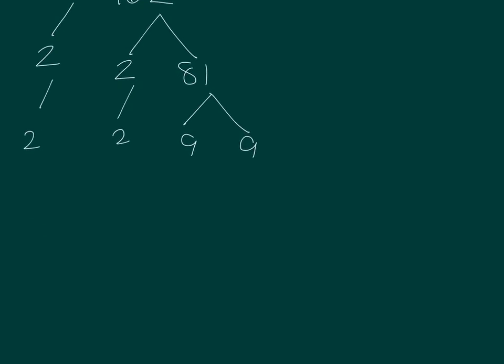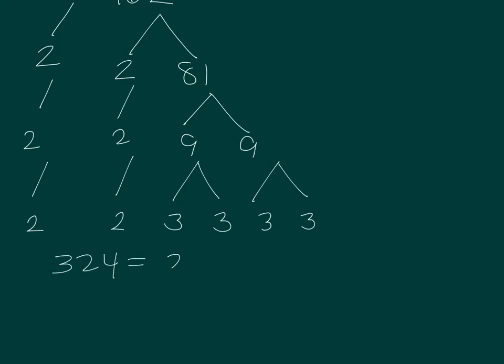But we could still break down 9. So 3 and 3. So we keep on copying 2 and 2. 9 will become 3 and 3. So is the other 9, so it becomes 3 and 3. Okay, the prime factorization of 324 is 2 times 2 times 3 times 3 times 3 times 3.